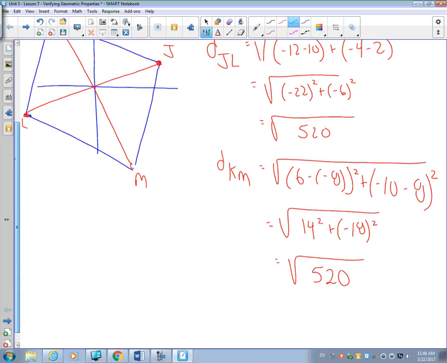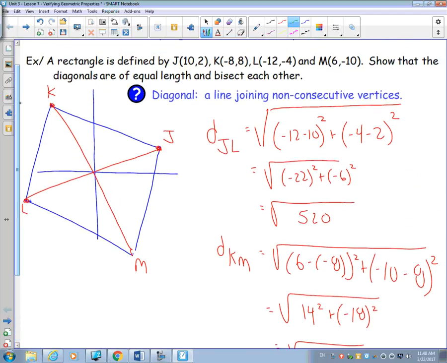Now that was the first part of the question. The second part of the question said, and bisect each other. So that's a new word for us, bisect. Bisect means cut in half. Well, if I cut a line in half, what point am I going through?